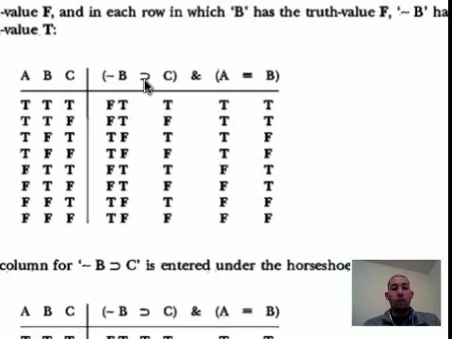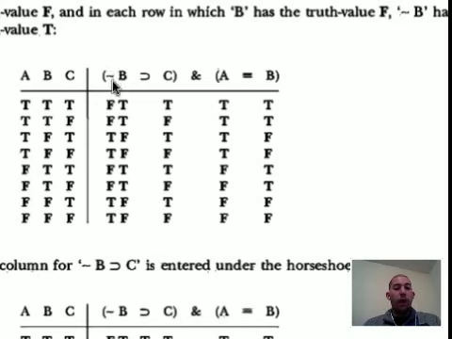And then we look at the table for the material conditional to figure out how to assign the truth value under this assignment. Here we have C is true, and for the antecedent, we're not going to be looking at B, but we're going to be looking at not B, because the component for the material conditional in this case is going to be not B.